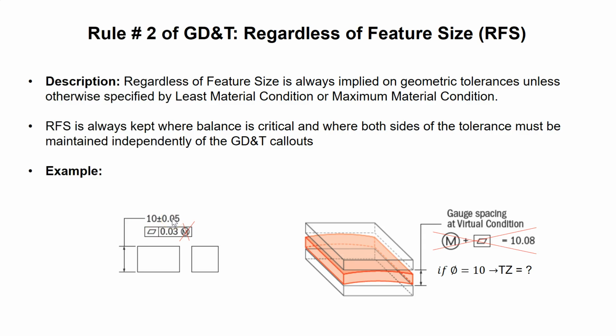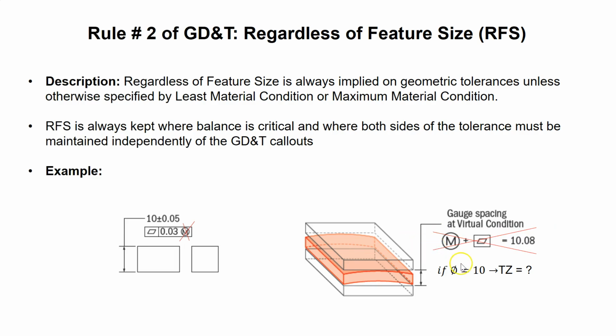There will be no bonus tolerance, basically. So if I go back to that flatness example, and if I get rid of that M, I just say the median plane is flat with a tolerance of 0.03, then this relation, which is sum of the MMC and sum of the flatness is 10.8, that is not going to be there anymore.